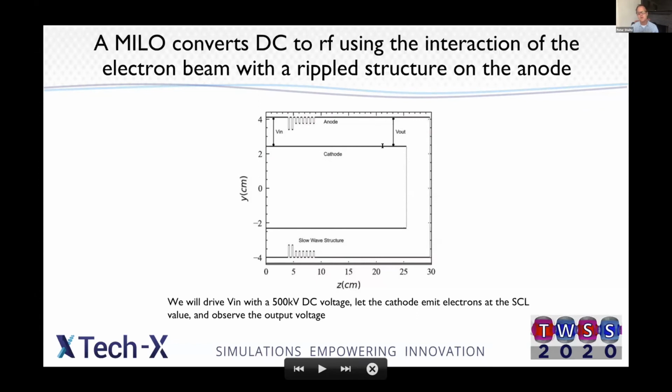We hope that the voltage out there is varying with time. And the way that happens is that the electrons that are trying to go from cathode to anode are going to see this tooth-like structure here that's very carefully designed. This gap spacing between the teeth is critical.